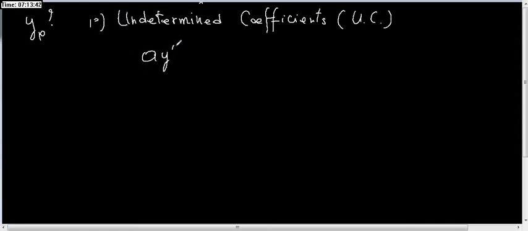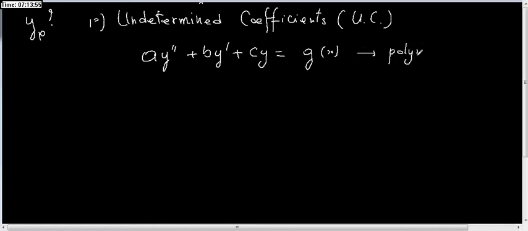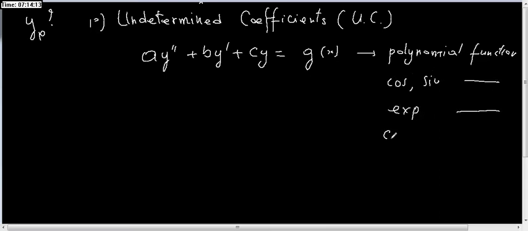First one, constant coefficients, a y'' + b y' + c y = g(x). And there's a restriction on g(x). g(x) can be a polynomial function. g(x) can be a cosine or sine function. g(x) can be an exponential function, or it can be a combination.